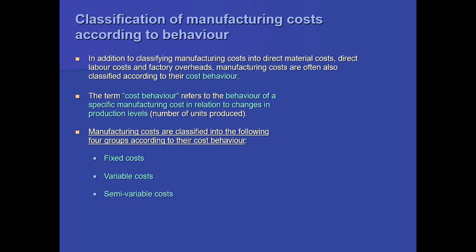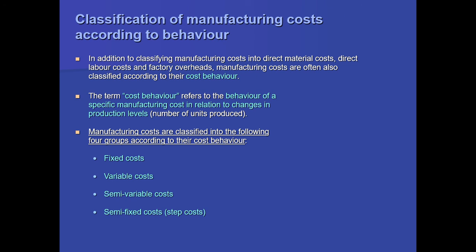And we have semi-variable. These are step costs. They are fixed at a certain point, and then they increase, and then fixed, increase, fixed, and so on, right? Semi-variable, and we've got semi-fixed. Basically, I just want to explain the difference between semi-variable and semi-fixed. Semi-variable simply says that your production cost will vary according to the number of units, but probably if you produce 10 units, they won't vary.